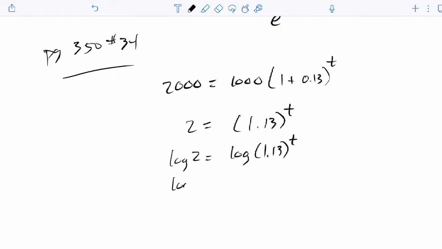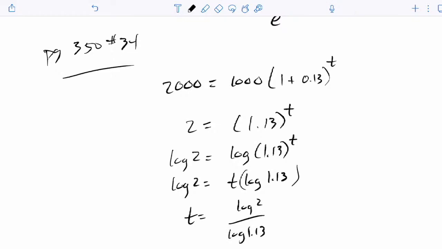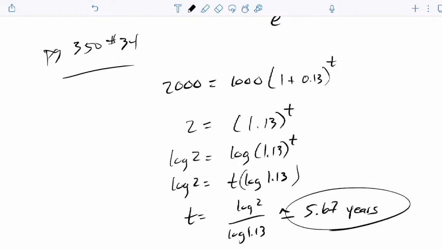This is log of 2 is t log of 1.13, and t is log of 2 over log of 1.13. And I get 5.67 years.